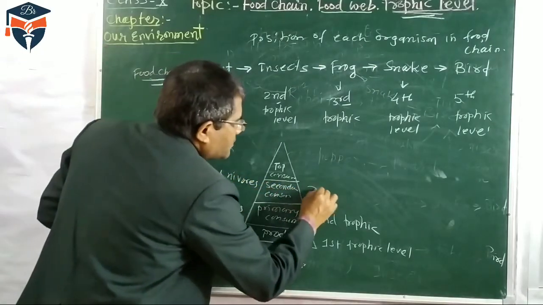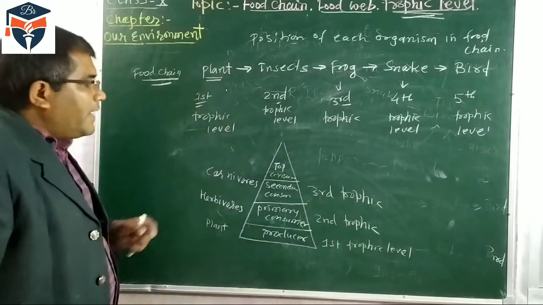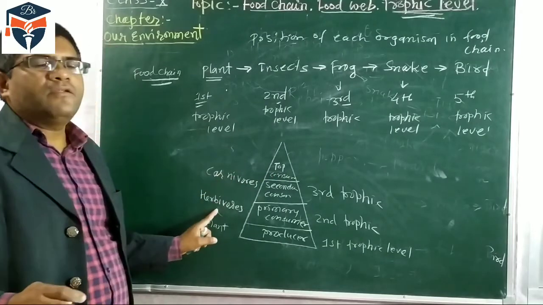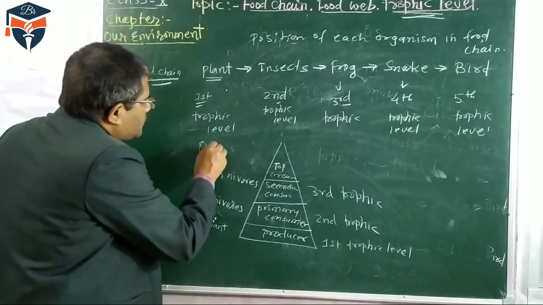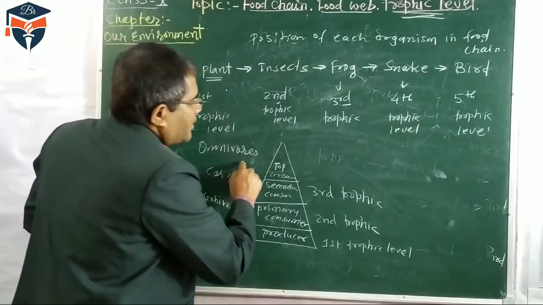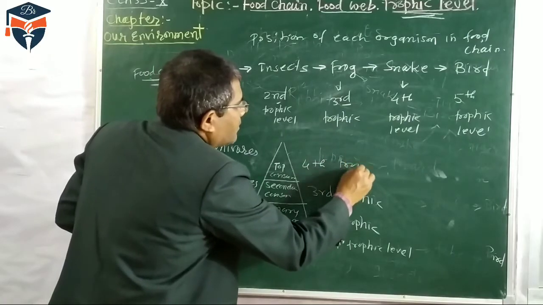So the carnivorous come in the third trophic level, and those organisms that feed on both carnivorous and herbivorous, here we can understand as omnivorous organisms, and these omnivorous organisms come in the fourth trophic level.